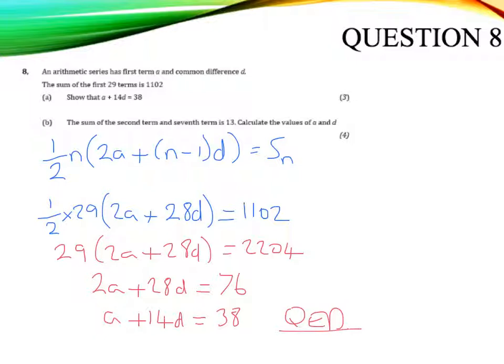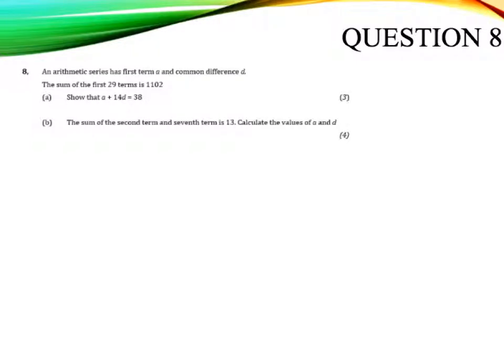Let's move on to look at the second part then, part 2. It tells us that the sum of the second and seventh term is 13. Right, okay, so the sum of the second term, whatever it is, and the seventh term, whatever it is. Well, again, let's look in our formula booklet, and we should see un equals a plus n minus 1 d.